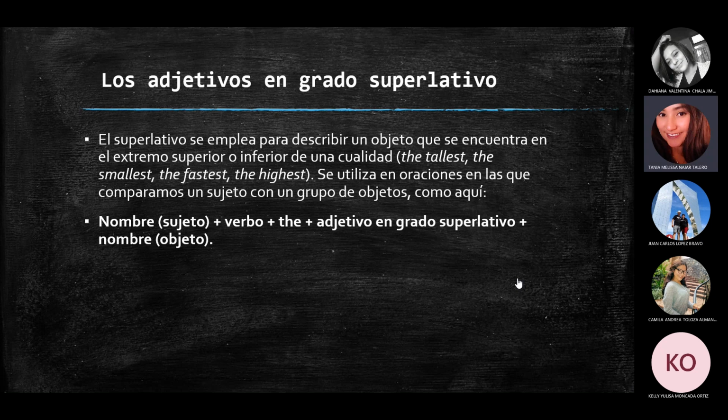So please look at the structure below. We have subject plus verb plus the article the, plus the adjective in superlative grade, plus the object.